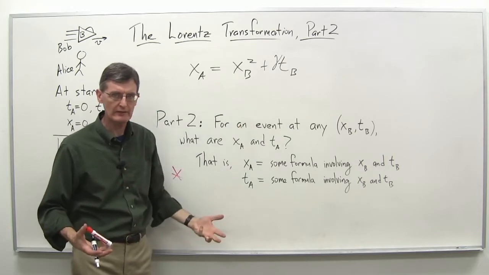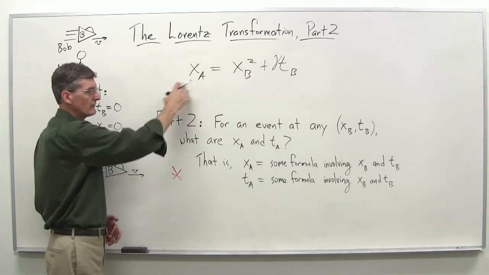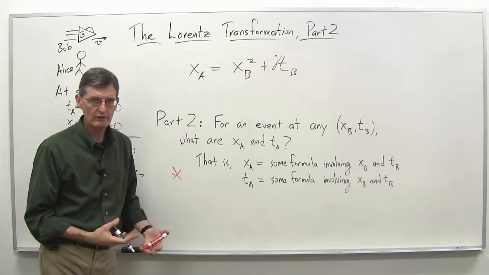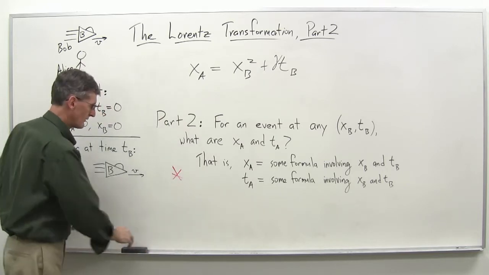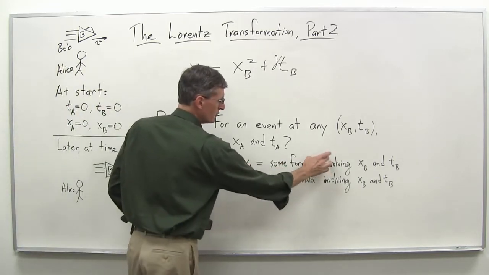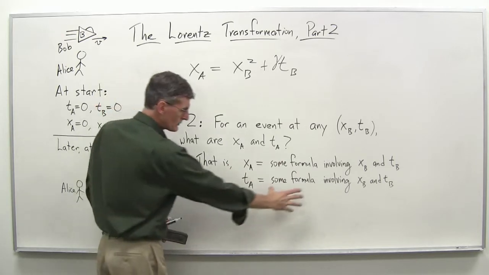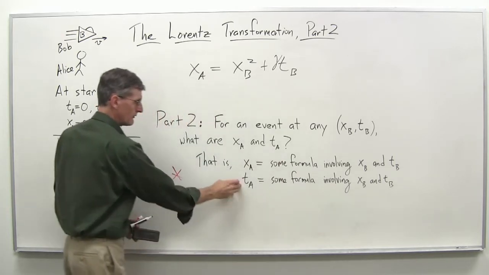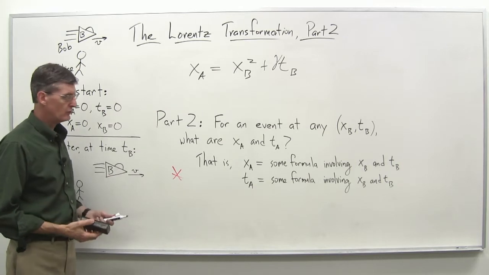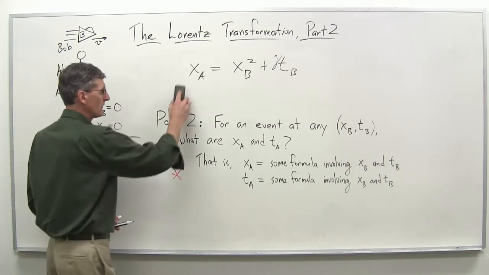You can't do that. It doesn't make any sense. So you've got meters squared and seconds mixed up over there, and you've got meters over here. That's not going to work. You can't have a formula like that. So that puts some restrictions on it. Whatever the formula is, the units for this one over here have to be units of length, and the units of this formula, whatever it is, have to end up being units of time. So we can't have something like that.